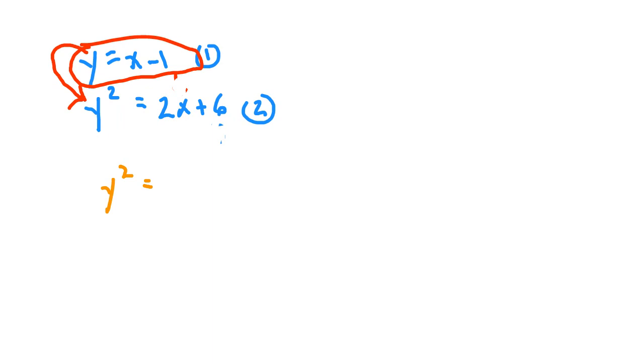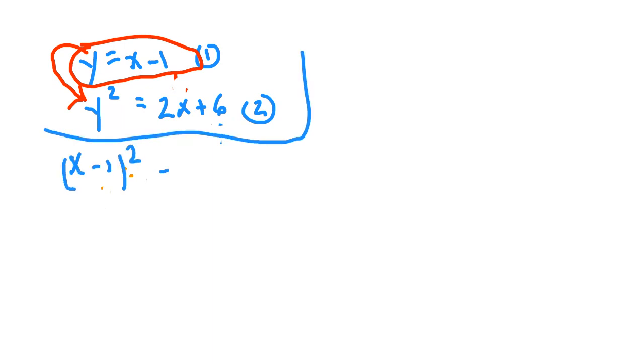So what you're going to have then is x minus 1 squared equals 2x plus 6.